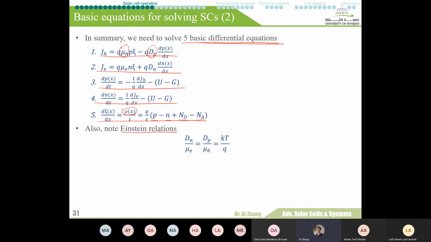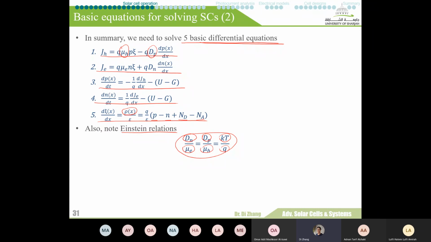The drift and the diffusion are related to each other specifically by this ratio: the diffusion constant over the mobility of one carrier equals the same ratio for the other carrier, and this ratio is a constant, kT over q. That is also a very useful equation if we want to solve these differential equations.